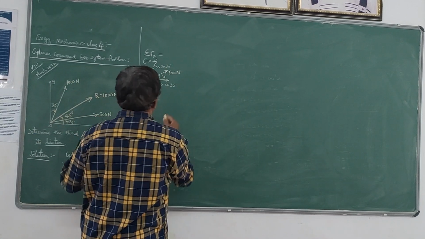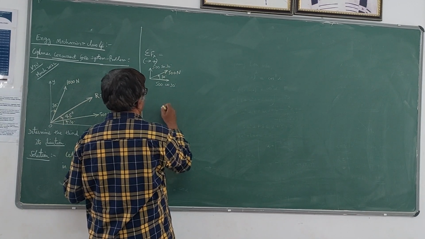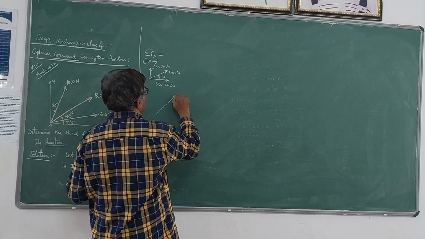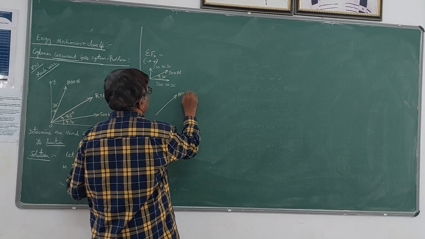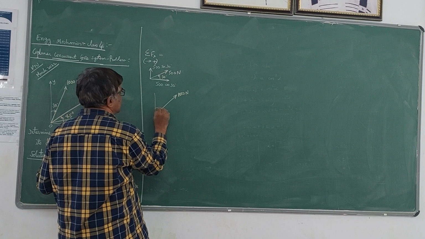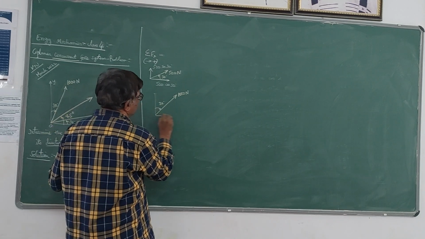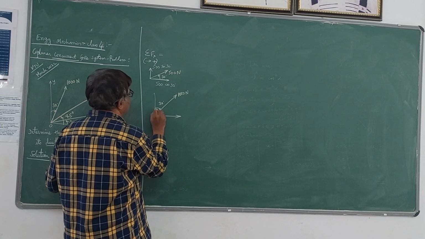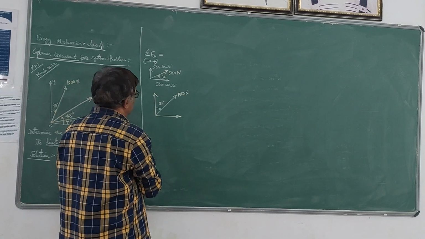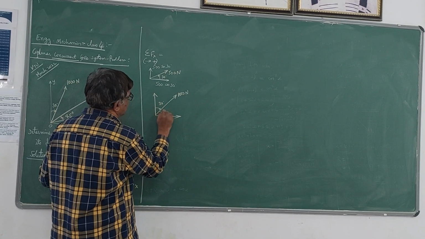Then this 1000 Newton force is acting like this, making an angle 30 degrees with vertical. Therefore, in this case, if you take this as 30, this will be 60.